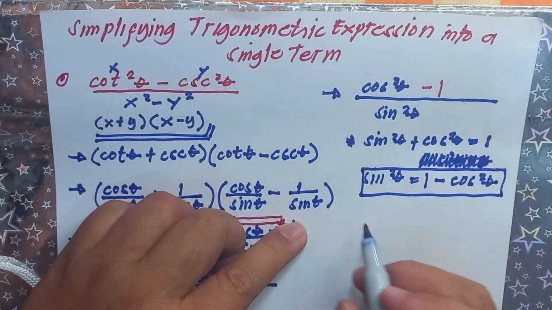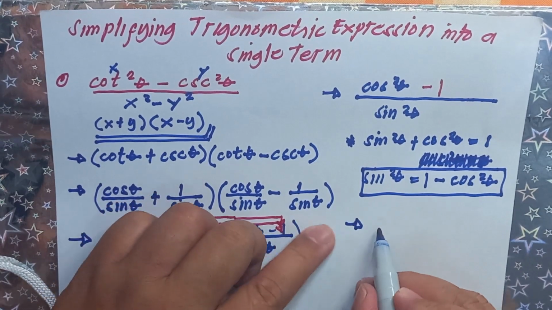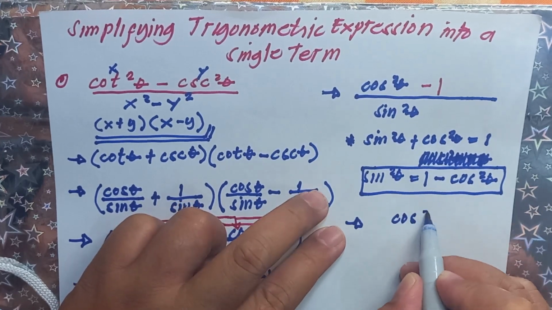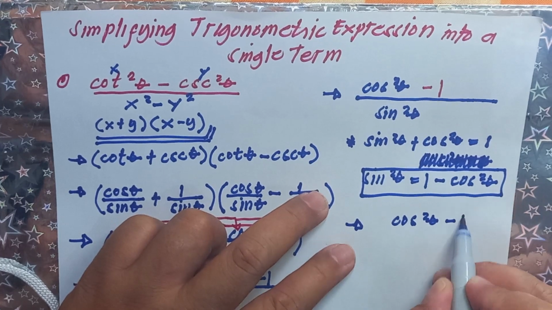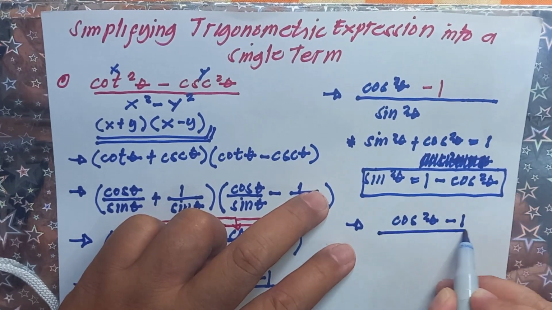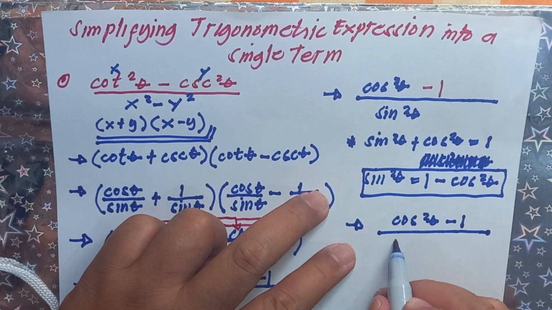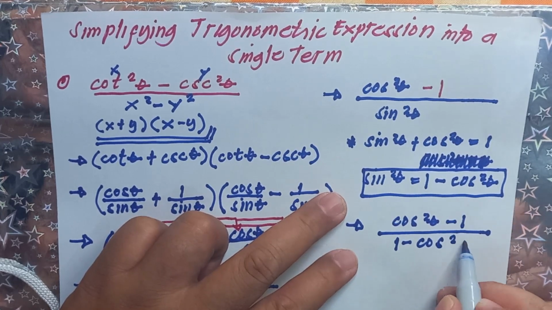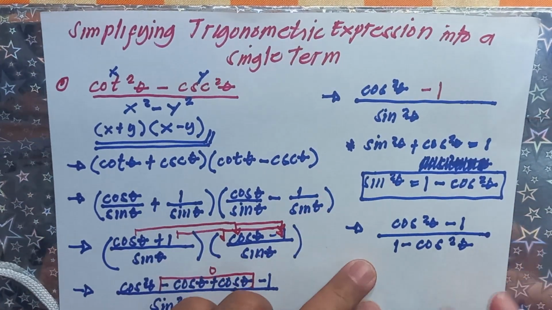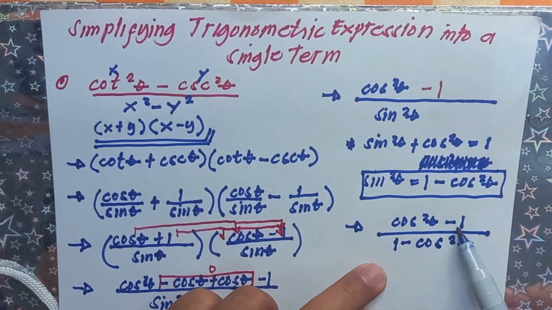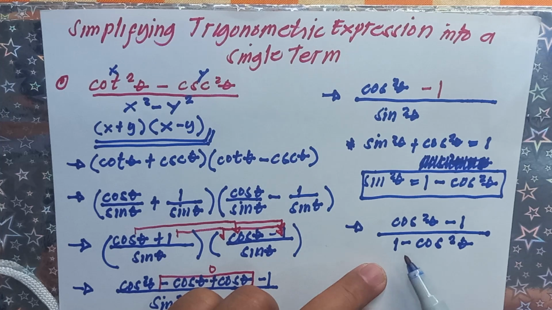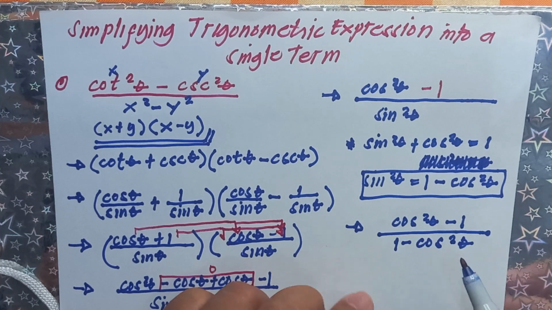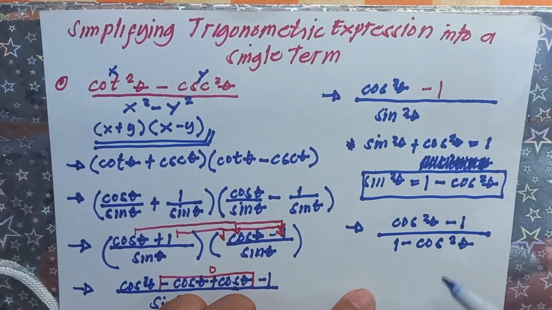So we will have an expression: cosine squared theta minus 1 over 1 minus cosine squared theta. Now notice that our 1 in the numerator is negative, our 1 in the denominator is positive. Same with cosine squared theta: in the numerator it is positive, in the denominator it is negative. And so how are we going to simplify this one?